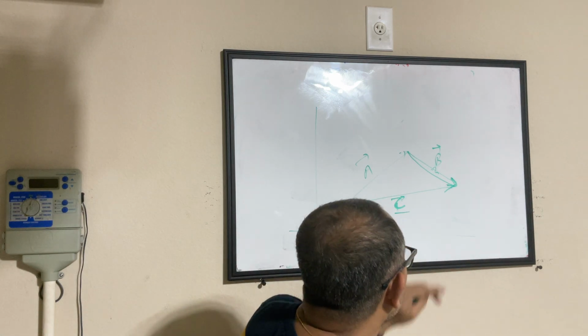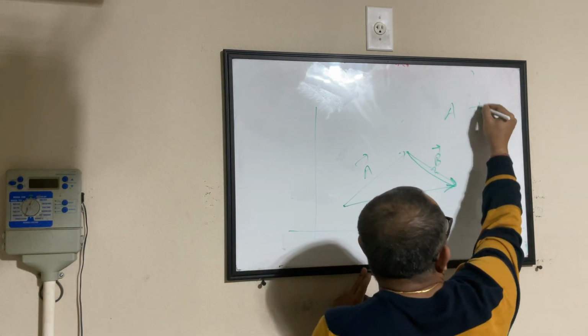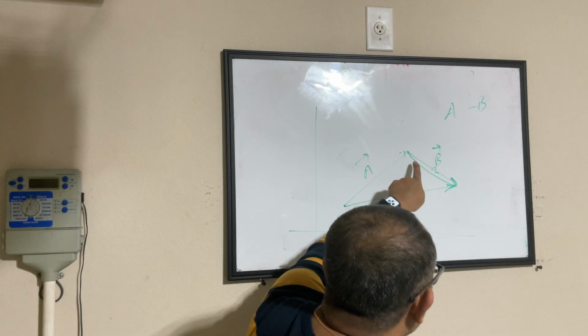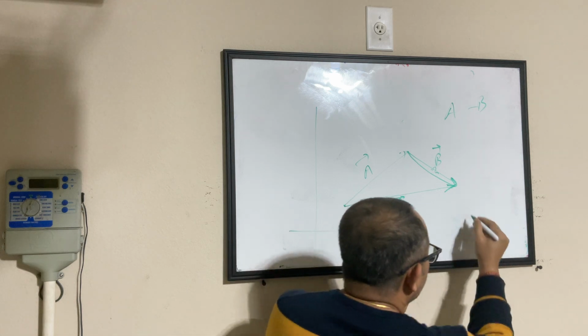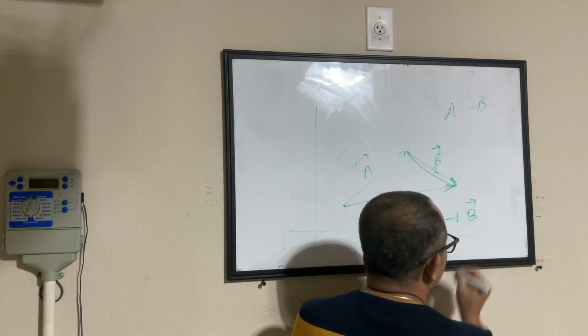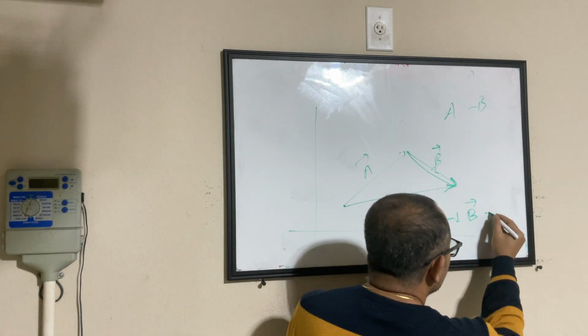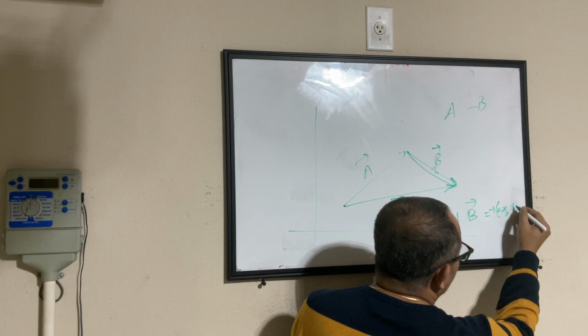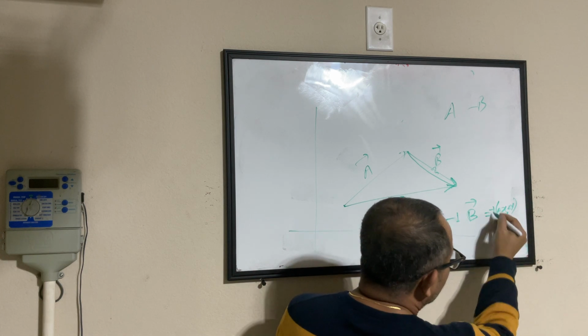Similarly, if I say A minus B, recall what we were doing a little while ago: negative B. If I multiply vector B by a factor of minus 1, I'm multiplying the x and y components by minus 1.